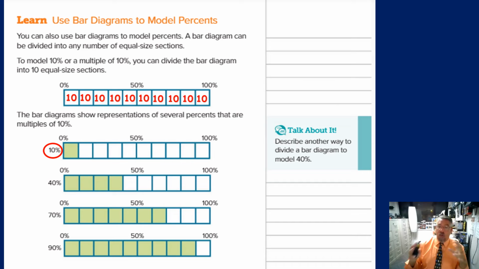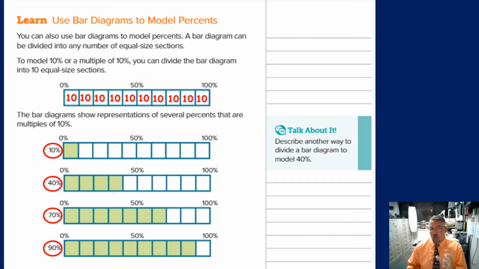So if I have a bar divided into 10 equal boxes, then whatever the percentage is, that's how many of those boxes I would need to fill in. So if I have 10%, I have 1 box that's going to be filled in. If I have 40%, then I have 4 boxes that are going to be filled in. 7 for 70 and 9 for 90. I don't think that's too complicated.